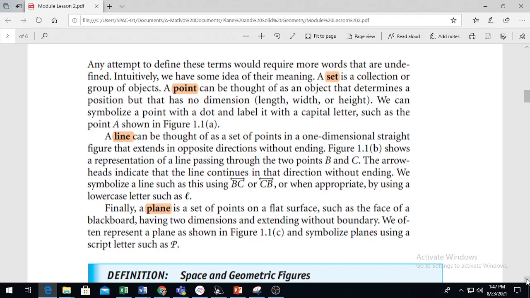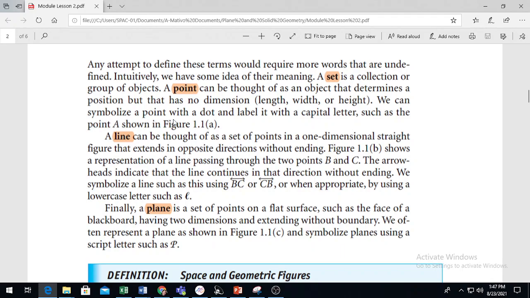Next is a point, which can be thought of as an object that determines a position but has no dimension, length, width, or height. A point does not possess those attributes. Therefore, it is defined as an object that determines position but has no dimension.